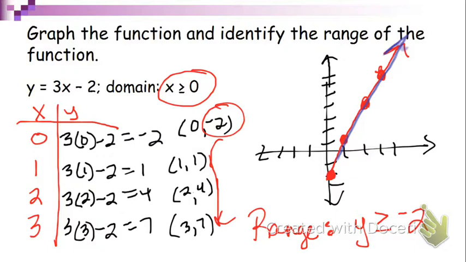Because that's the first possible range number we could have was -2, because our first domain number was 0 that we were allowed to have. So all of our y values are going to be larger than -2. Notice we don't have anything down in this area for the y's. Okay, so it's taking it a step further.